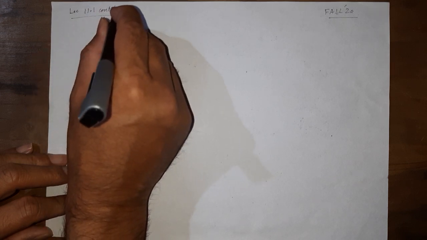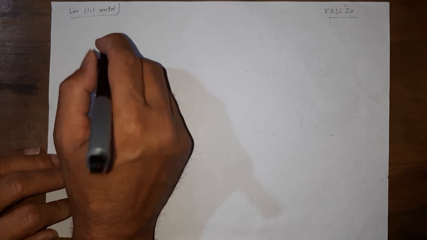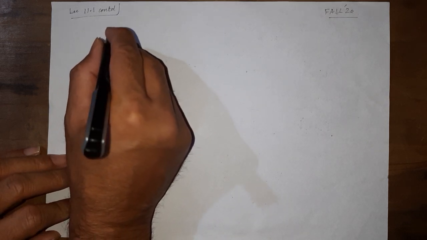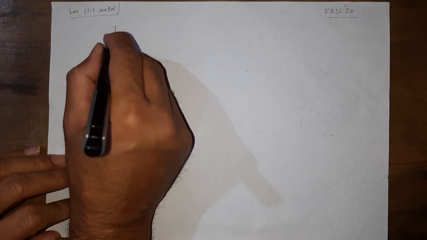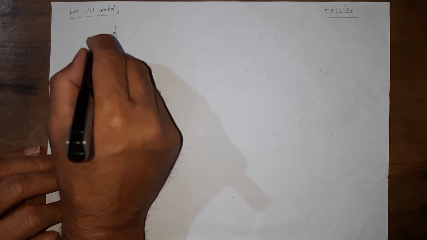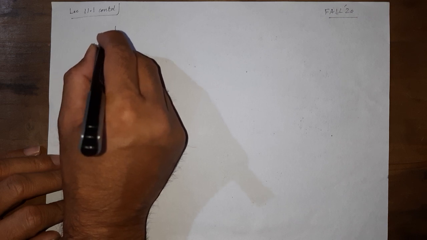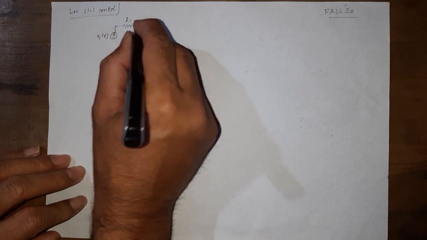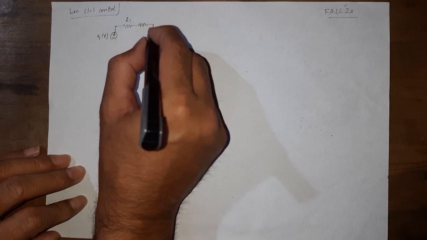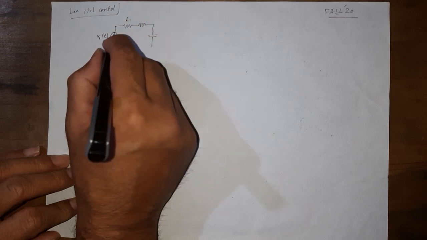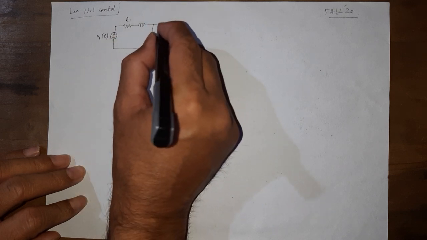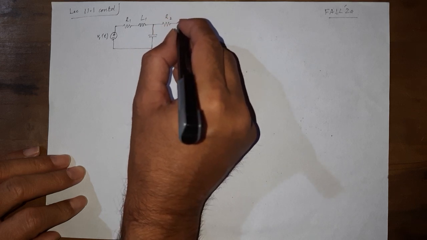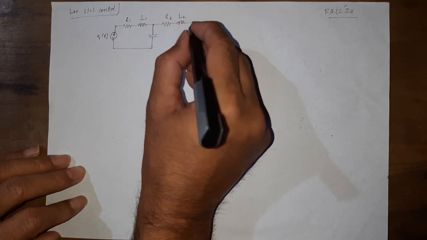So here, let me just handle this problem where we have a voltage source. I am not writing what this voltage source is, so it is some function of time. We have R1, L1, R2, L2.